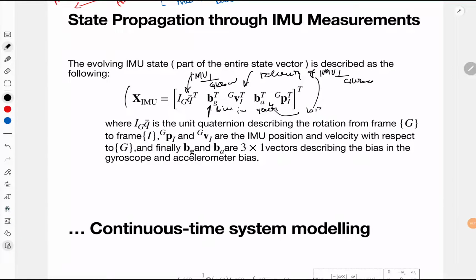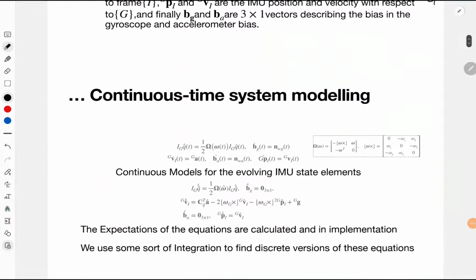This is the bias in your accelerometer, and this is the position of the IMU in the global frame. So this is your state vector, and of course all of these things are vectors in and of themselves. So a 3x1 vector, this would be a 3x1 vector, this would be a 3x1 vector, and you can look up the details for these things in the paper.